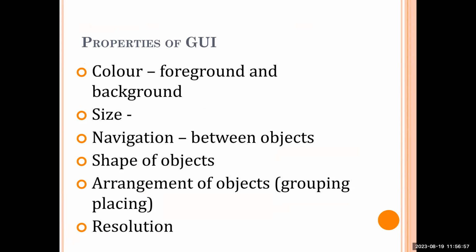Suppose in a picture of a man or woman, the man's face is the foreground, and the back scene is the background. Then size, and navigation, which is how to go between objects. Shape of objects, that may be circle, square, or triangle.